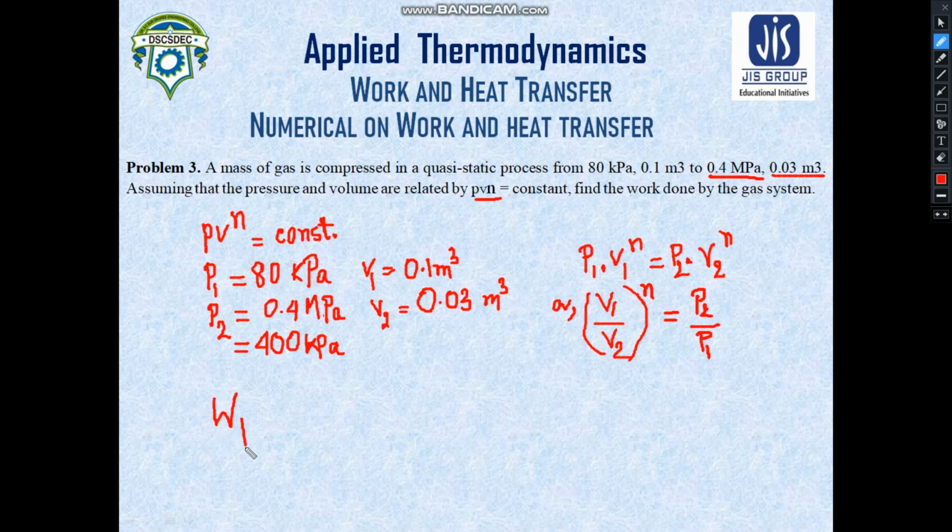We can calculate the work done in polytropic process using this simple formula, with n minus 1. So this n is the only unknown here.